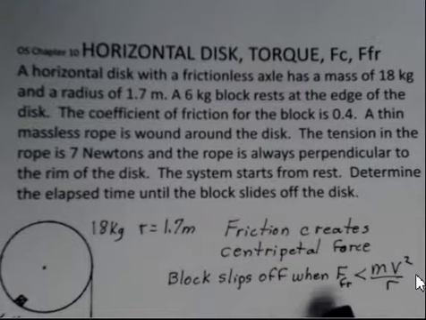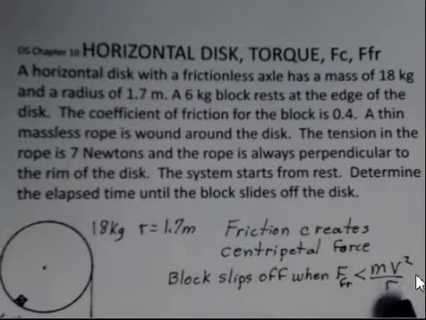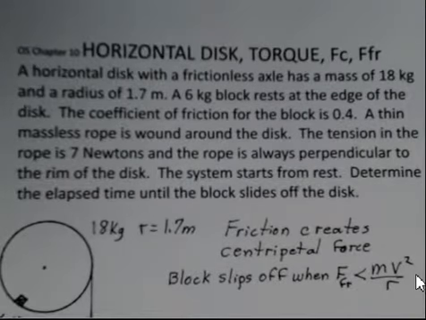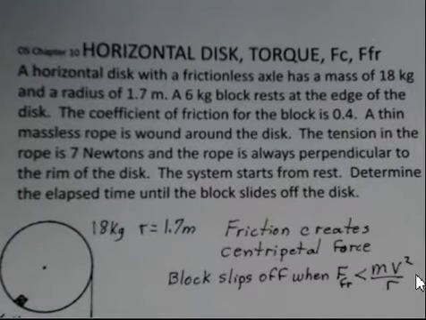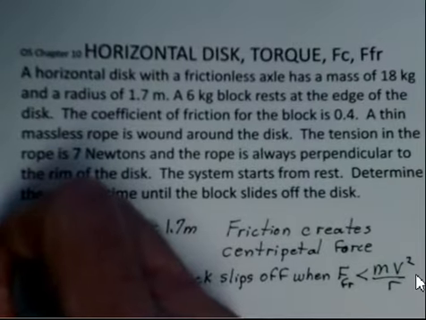However, if friction cannot supply the required centripetal force, the block will go more in a straight line, not a perfect straight line because friction is still present, but it won't stay in circular motion, and the block will drop off to the side of the disk. We're looking down from the top view.